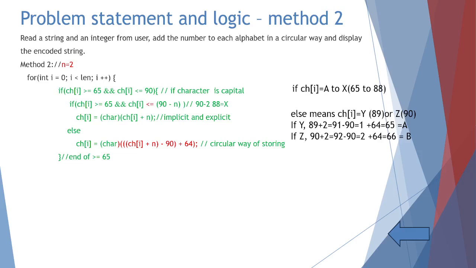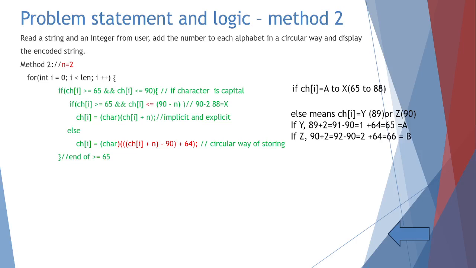If the character is y or z, in that case, y's Unicode value is 89 plus 2, that becomes 91. 91 is greater than 90. So we deduct 91 minus 90 is 1. Then we add this 1 to 64, which becomes 65.